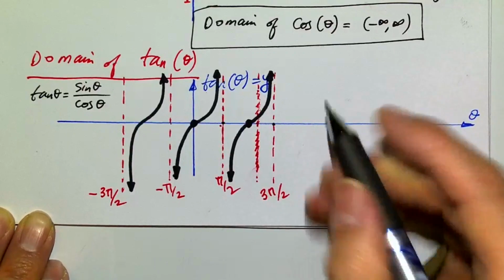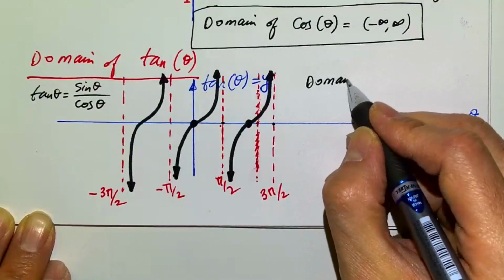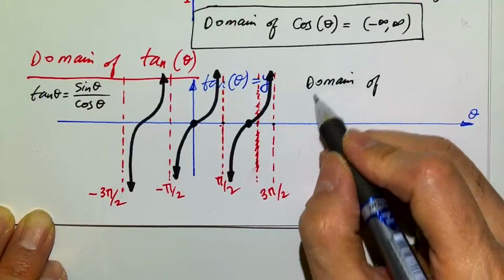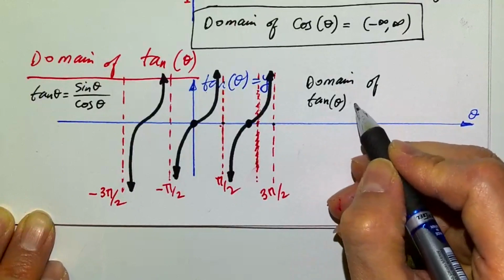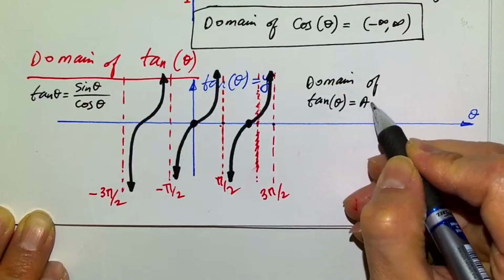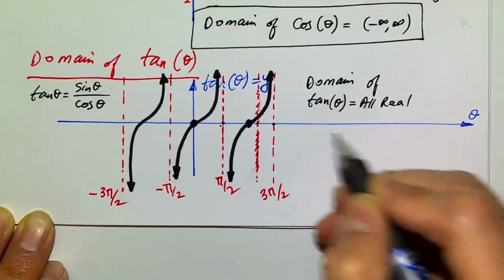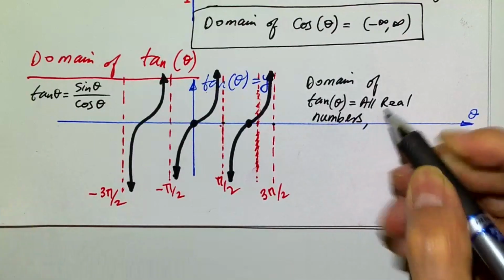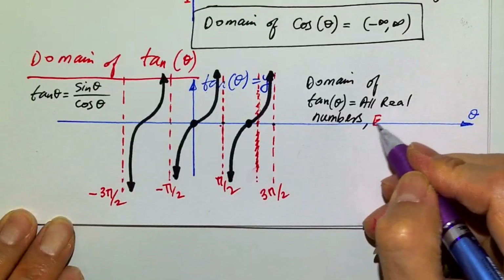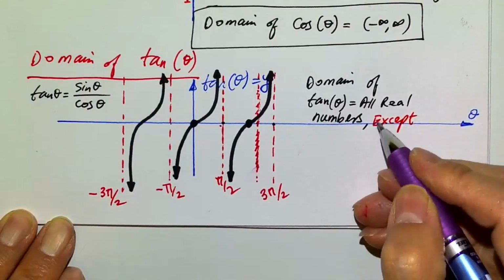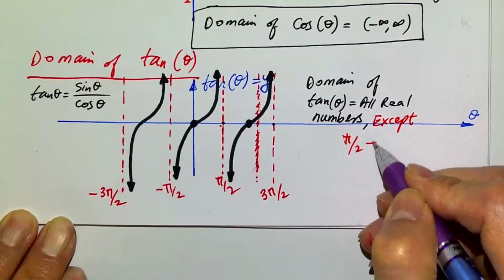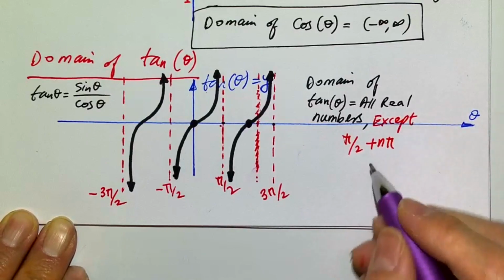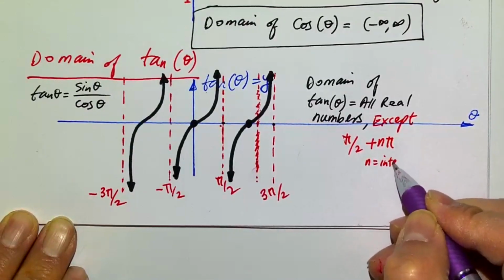Okay? So the domain, looking at this graph, the domain of tangent of theta is equal to all real numbers except pi over 2 plus n pi, with n being an integer.